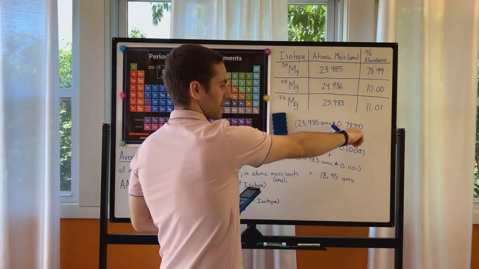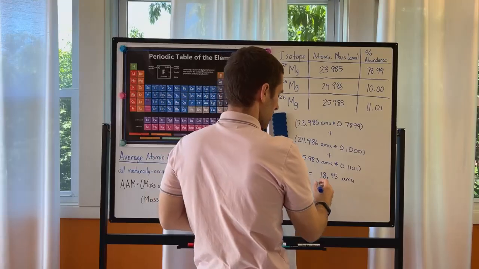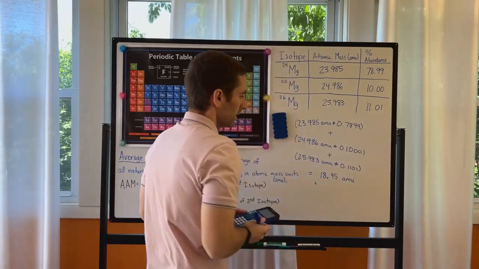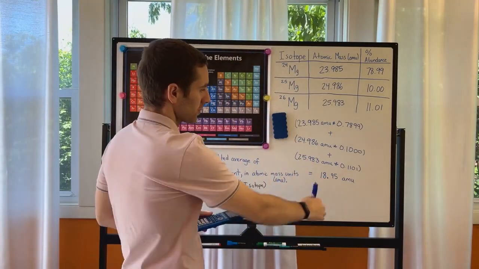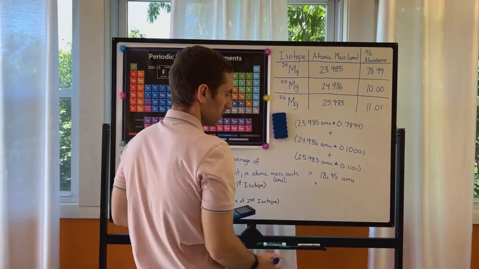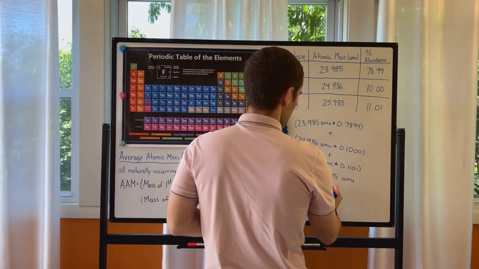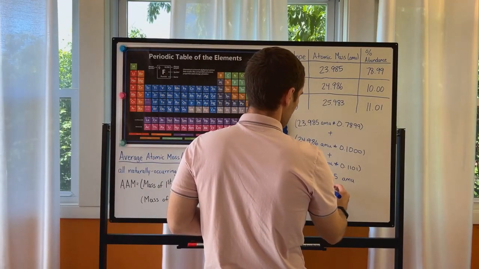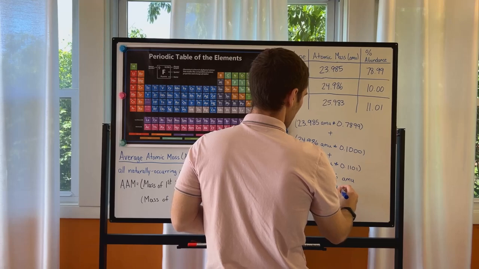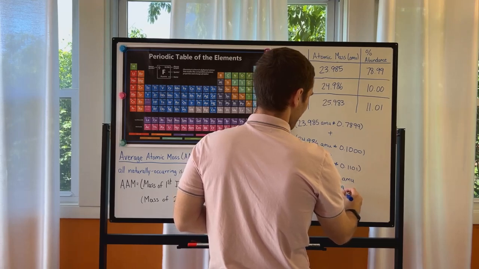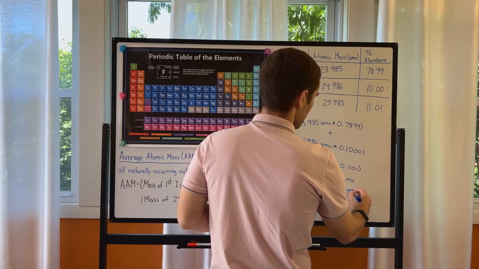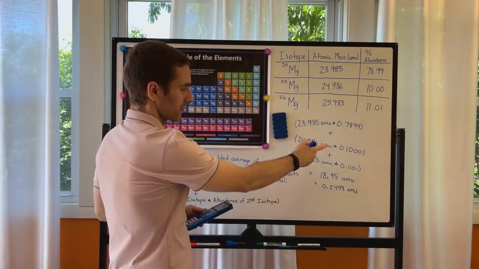So when you multiply by something that's unitless, the unit doesn't change. And then, well, that's just 0.1, so I'm just going to move the decimal 2 places. So that's 0.2499 AMU if I round that to 4 sig figs.